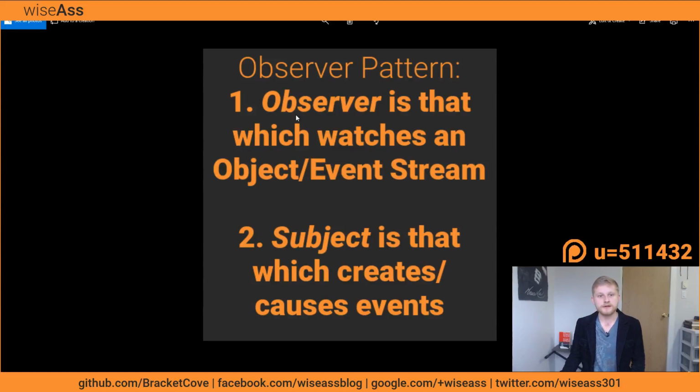Those definitions: there is an observer, which is something that just watches, sort of like an object or an event stream, and an object or an event stream, essentially what those are is they are subjects. So a subject is something that creates that which, great English there, actually no, that is proper English. Subject is that which creates or causes events.